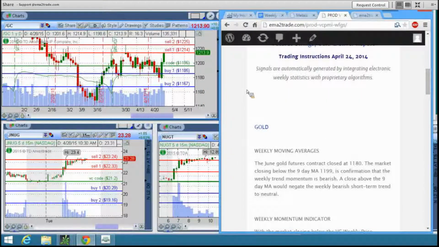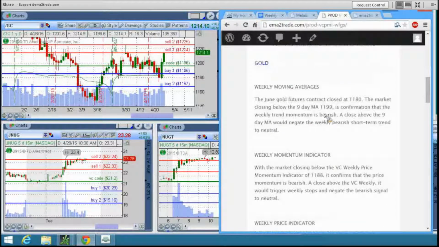But it also tells you very clearly that if it closes above the 9-day moving average of 1199, this weekly bearish short-term trend will be neutralized.